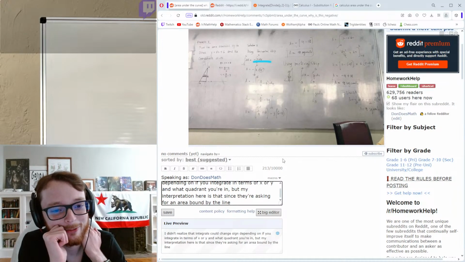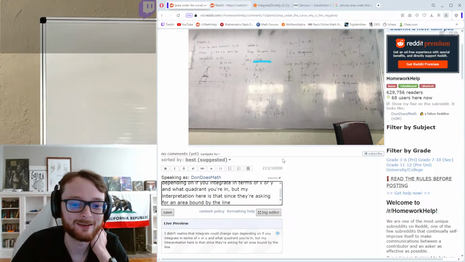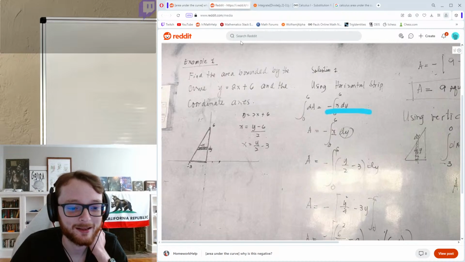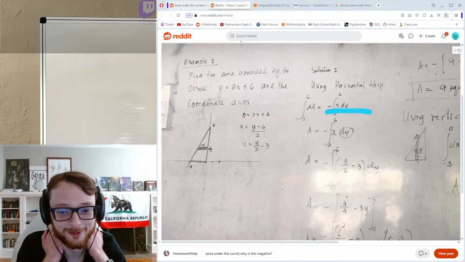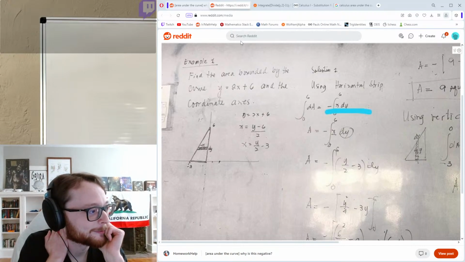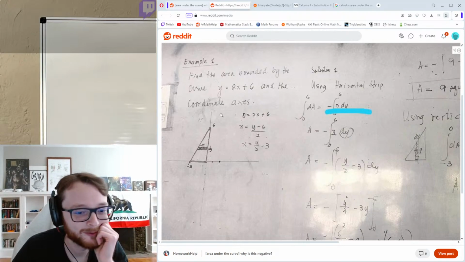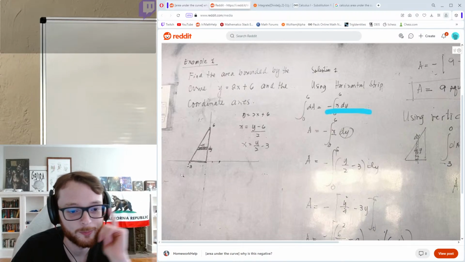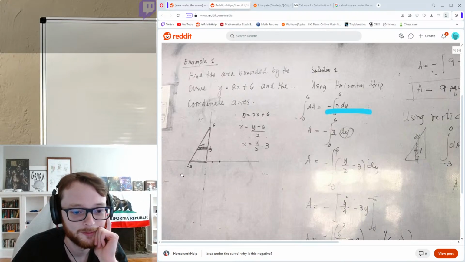I'm not sure how a rotation would change the sign. I mean, I guess I see how, because it does change the sign, but it doesn't completely sit right. I think the extension I'm leaning towards is, in the same way that when you go below the x-axis you get a negative area in normal situations, if we go below the y-axis, meaning to the left, you get a negative area.